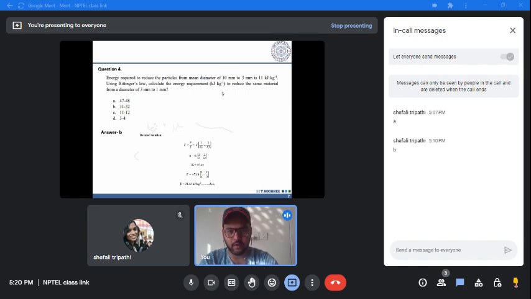If you have doubt or you need me to explain again, please let me know in the comment box. This is basically a formula based question. If you know the formula, you can solve this question easily. This is based on the size reduction of particles.